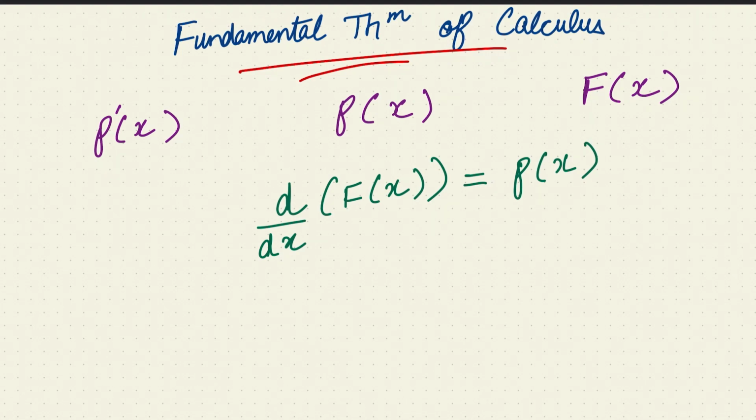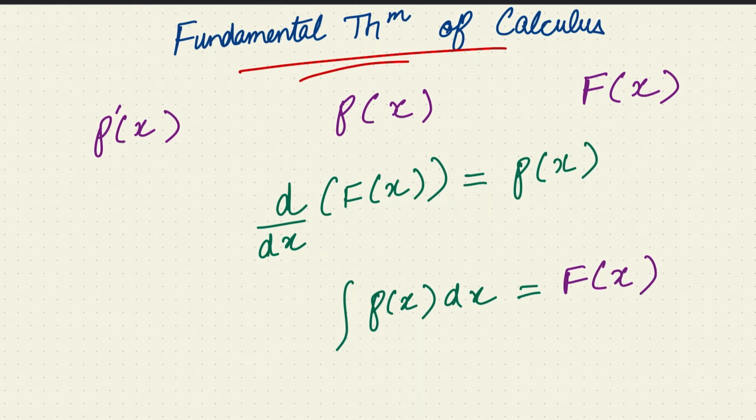In other terms, if we have to represent it in terms of integrals, if we are integrating our function f of x dx, the function that we will get on the right hand side is the antiderivative function, the capital F of x, right?